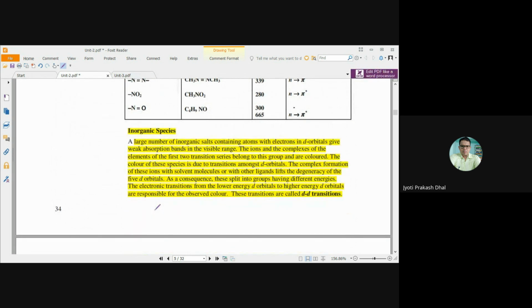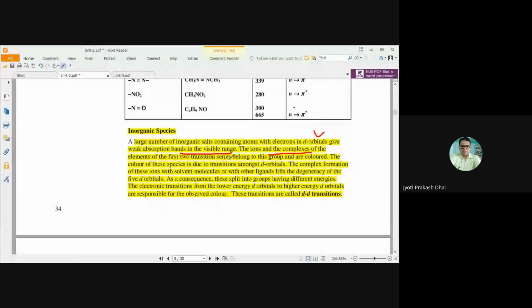Now coming to inorganic species. A large number of inorganic salts containing atoms with electrons in the d orbitals give weak absorption bands in the visible range.